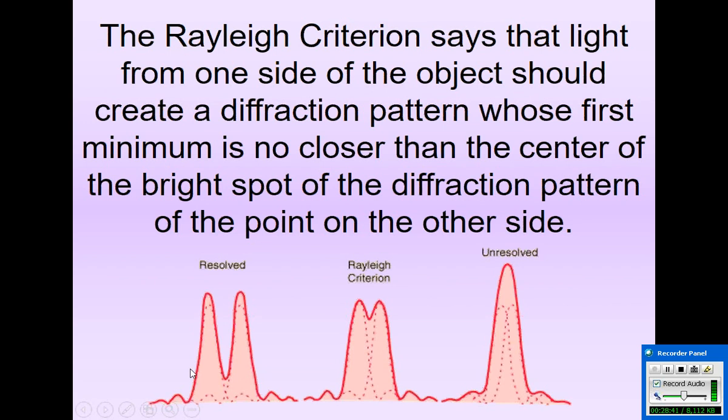But you can see in the middle figure that the peak of one is at the same horizontal location as the first minimum of the other. And this is right at the limit of the Rayleigh criterion. You can say right at this limit that there are two things. If things get closer together than that, if there's more overlap between the two patterns on your retina, you just reach a point where you can say, well, there's something there, but I can't see any substructure to it at all. It just looks like a spot.